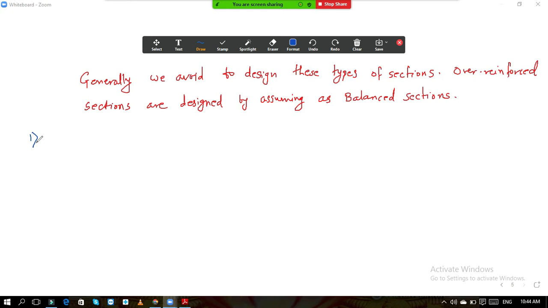Now we will move to the numerical. So write the numerical. A beam of a rectangular section 250 mm wide and 500 mm effective depth.